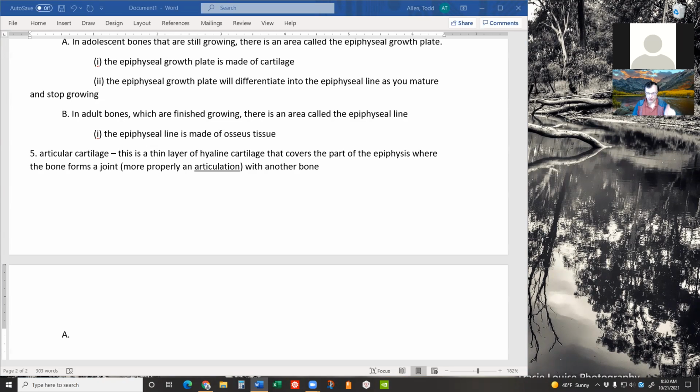Articular cartilage, which is the topic of our conversation right now, is made of hyaline cartilage, with the exception that articular cartilage does not have a perichondrium. So articular cartilage is hyaline cartilage that lacks a perichondrium, and that's a little bit unusual. You don't find that any other place in the body, okay?